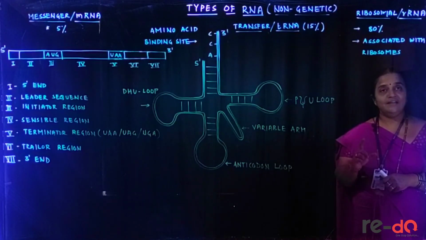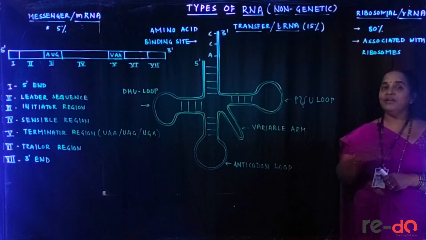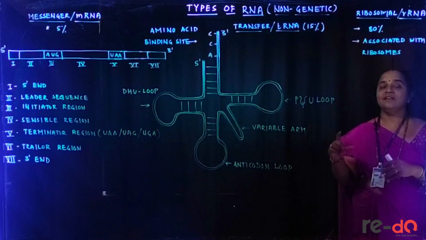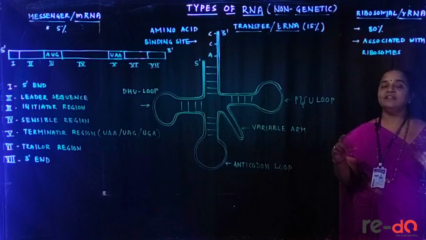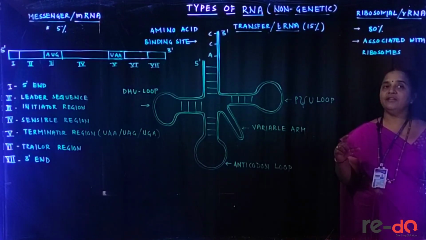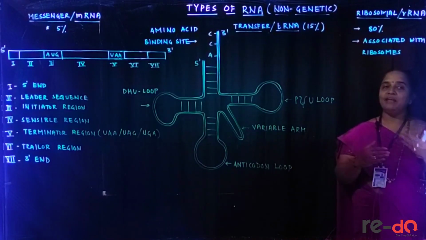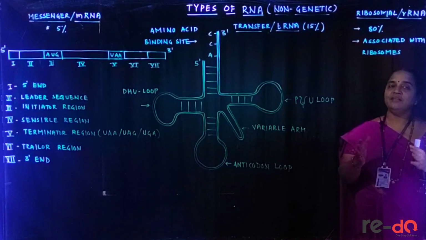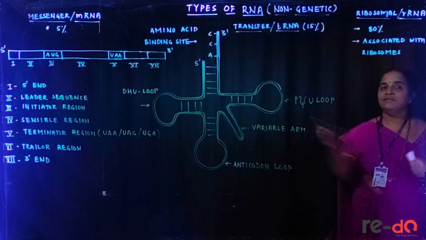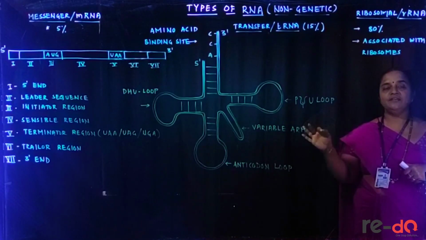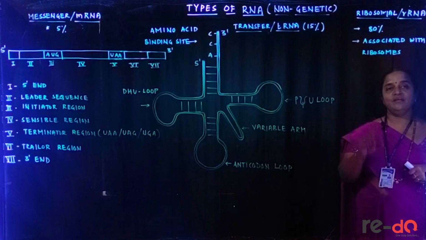So in the cell, whether prokaryotic or eukaryotic, translation is nothing but polymerization of amino acids into protein. So transcription is synthesis of RNA, which will help in translation, which is nothing but synthesis of protein. Based on the function, there are three names given: messenger, transfer, and ribosomal.